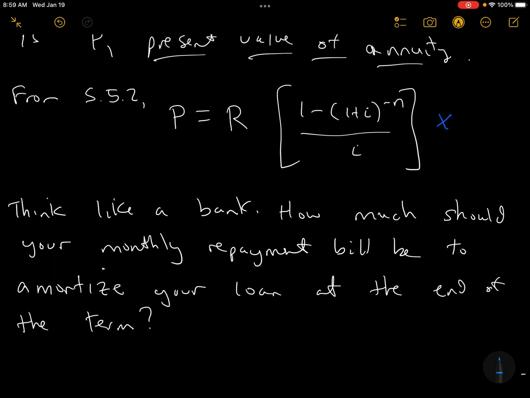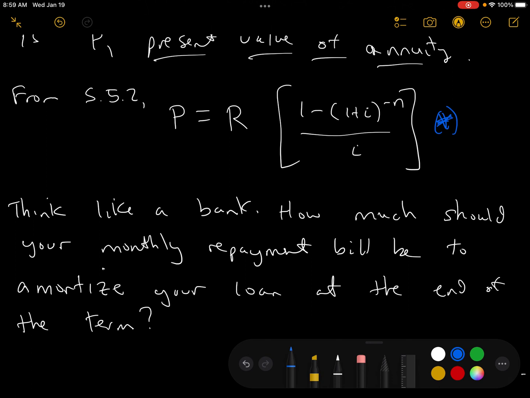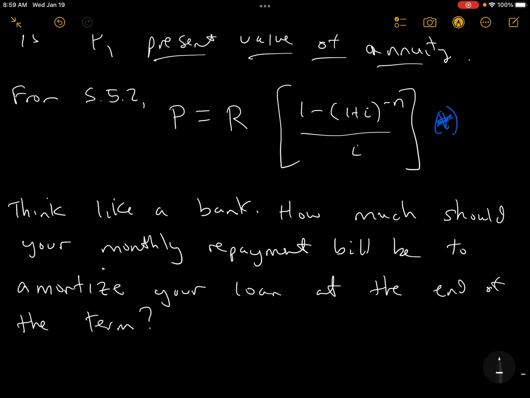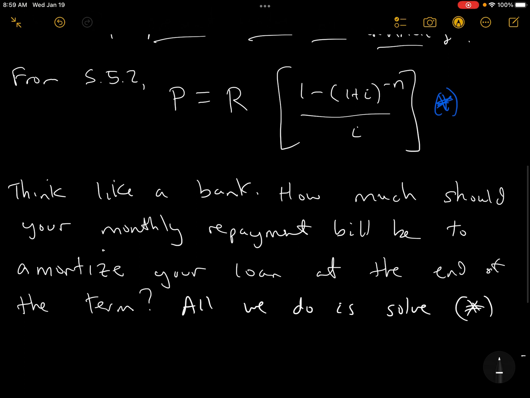So if you think of this formula here, all we do is solve the star above that formula for R. That's it.